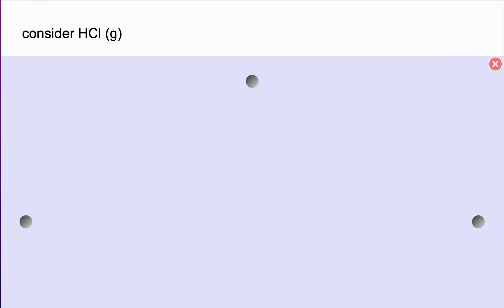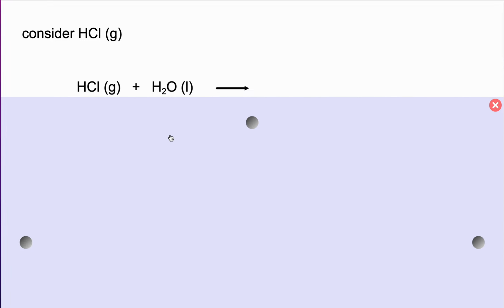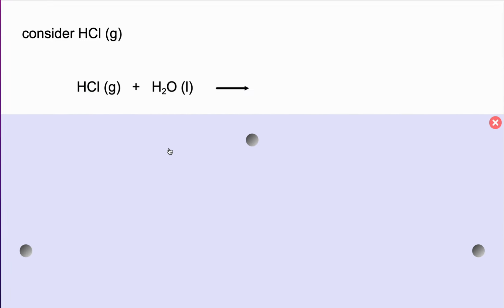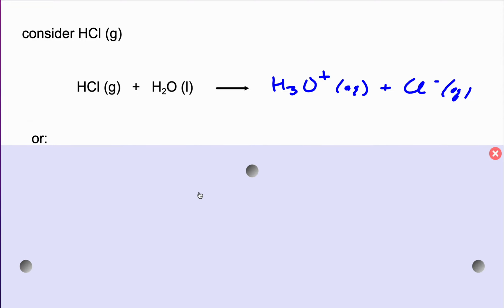If I consider the molecular compound hydrogen monochloride, which is a gas as a pure substance, when I dissolve hydrogen chloride gas in water, I form a solution of the hydronium ion and the chloride ion. That is a more complete and accurate way to represent aqueous hydrochloric acid.